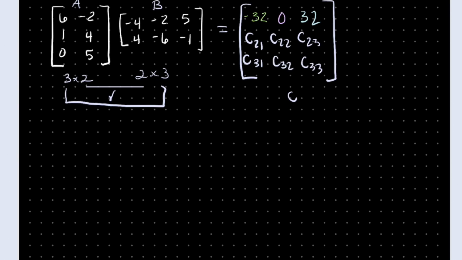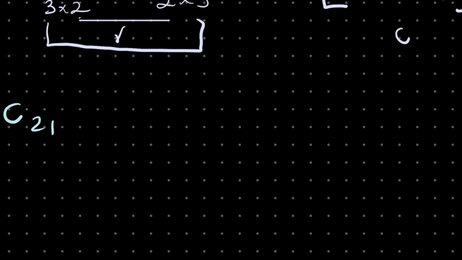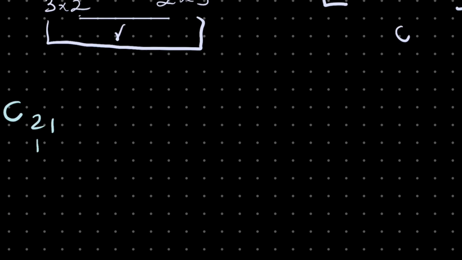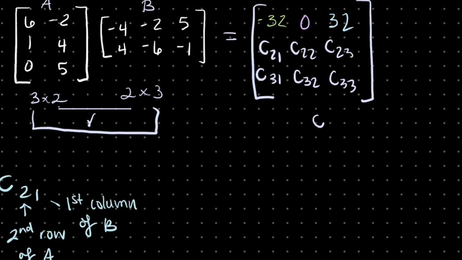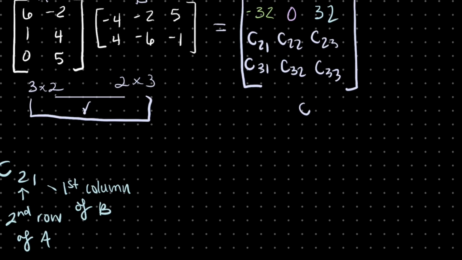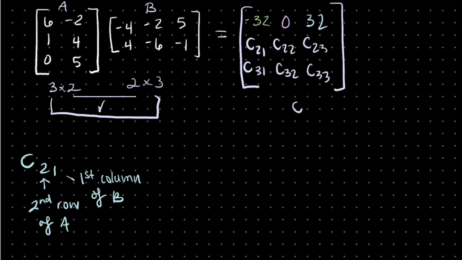Well, not start over. Now we'll move on to the second row of C. C21 says that I'm going to look at the second row of A and the first column of B, right? So now I'm in row 2 of A. Sorry for the zoom in, zoom out.